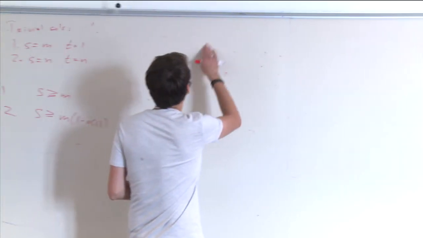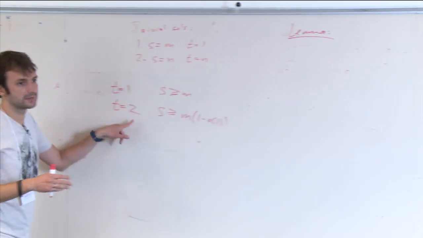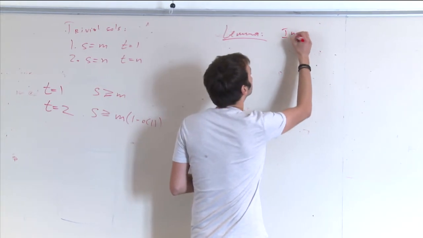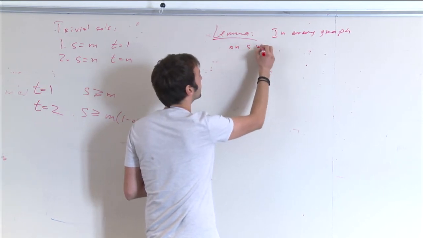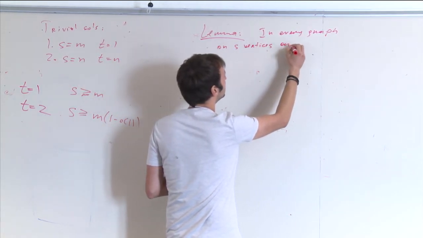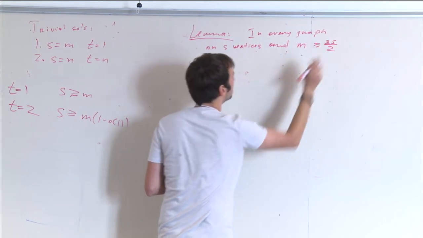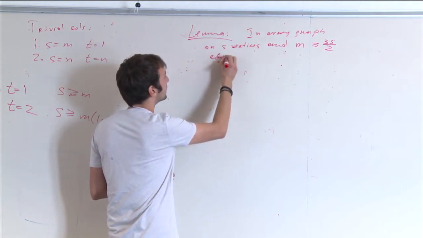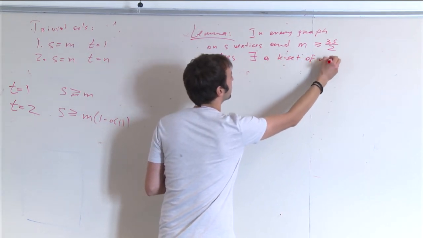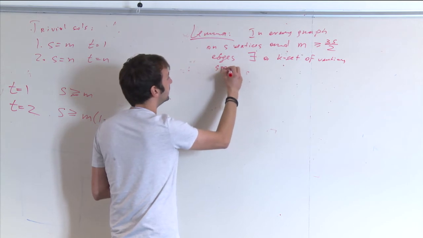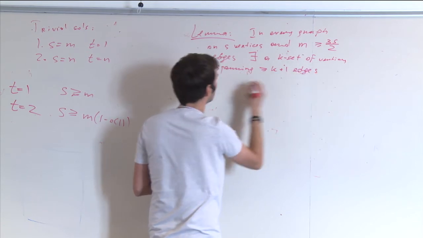Let me remind you what we want to say. We want to say that in every two uniform hypergraph, that is, in every graph on S vertices, and say, for simplicity, with some gap, 3s over 2 edges, there exists a k-set of vertices spanning at least k plus 1 edges, for small k.